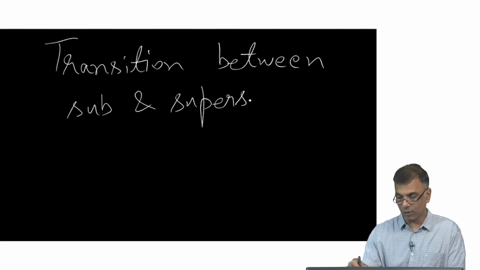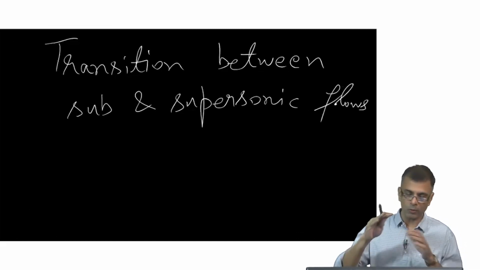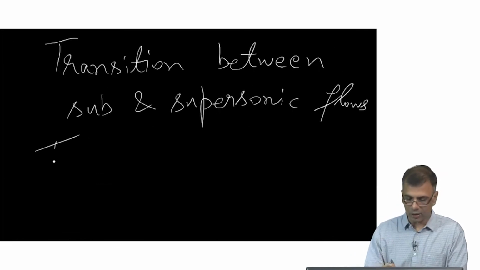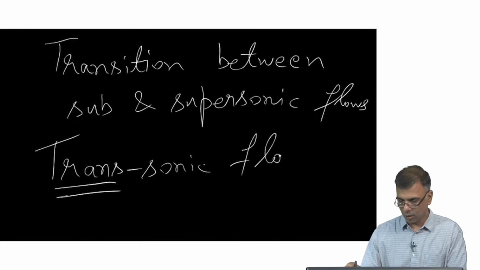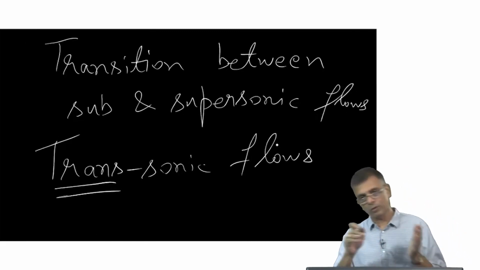This is very important, because like I said, the character of these two kinds of flows is very different. In other words, these are flows that transition from a subsonic flow to a supersonic flow.